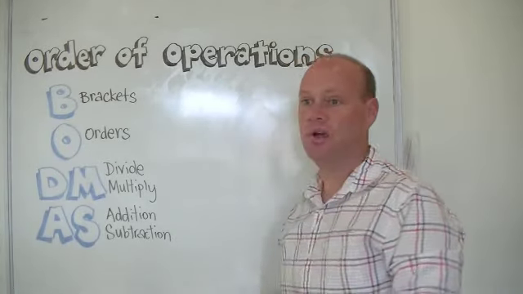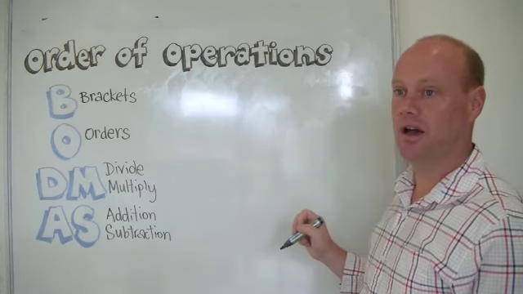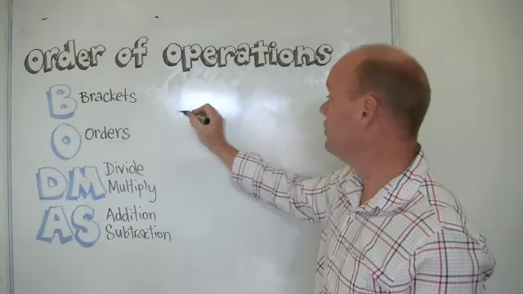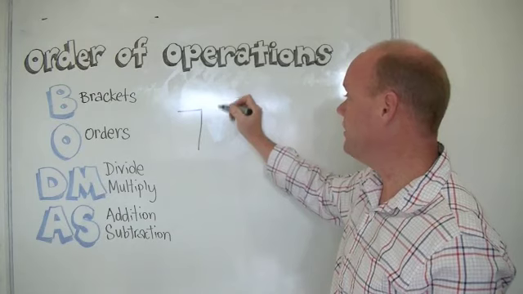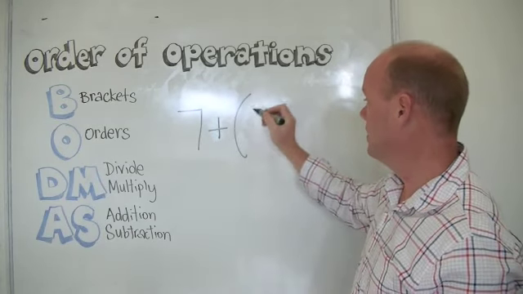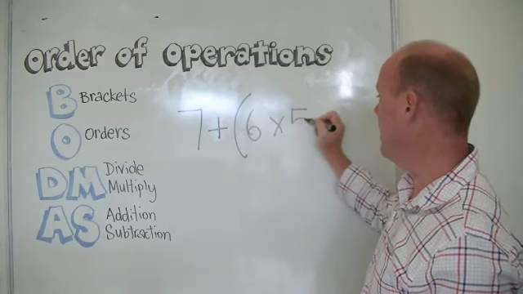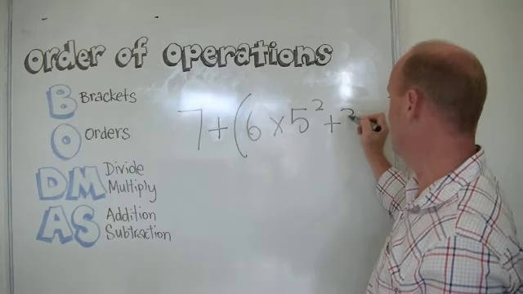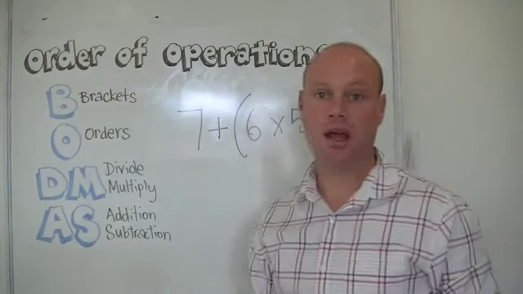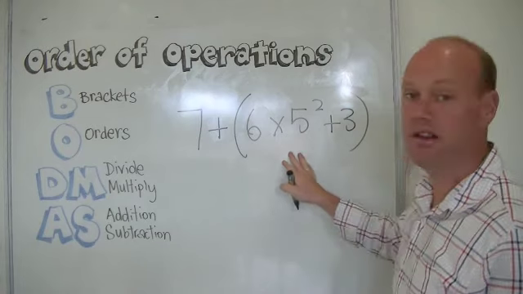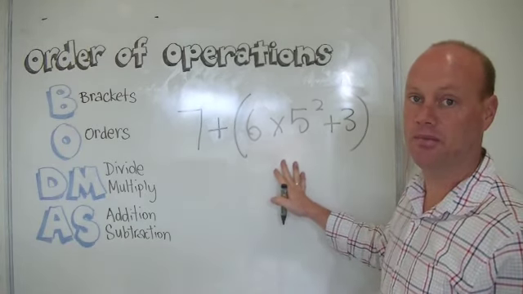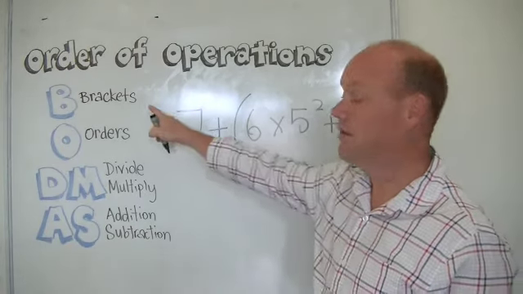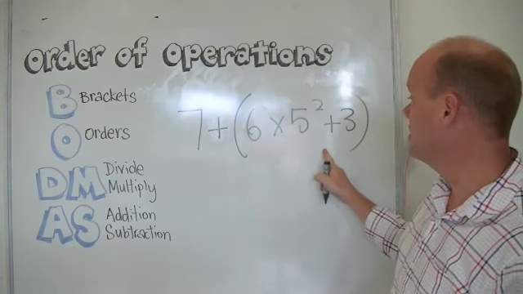Let's say we have a question like our original question, which was 7 plus 6 times 5 squared plus 3. Now, this looks pretty tricky, but let's go through our order of operations. Our first step is to solve anything that has brackets.